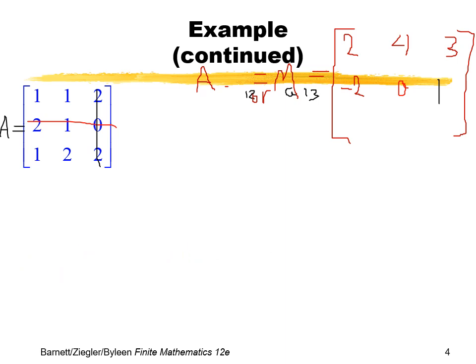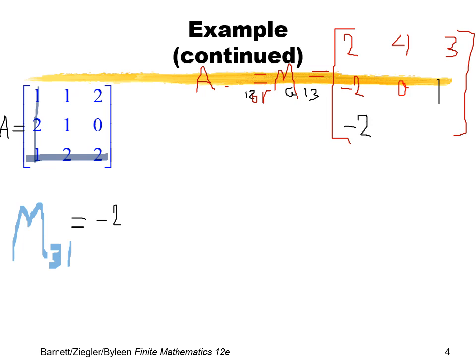M31, we will cancel out the third row and the first column. So we get this determinant 1, 0, 2, 0: the main diagonal minus the secondary diagonal, 0 minus 2, equals negative 2.